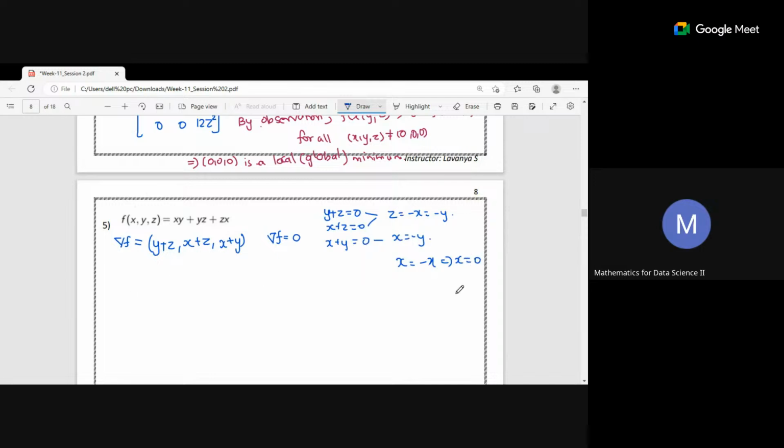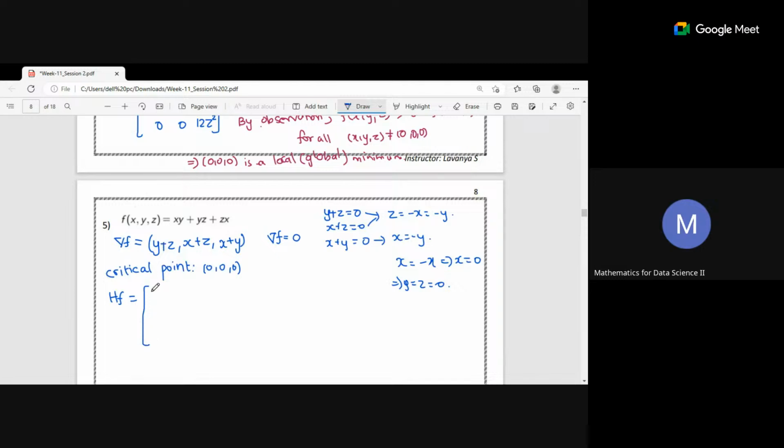So what is the critical point? The only critical point is again 0, 0, 0. This is fine for everyone, right? Yeah? Okay. So now what is the Hessian matrix?